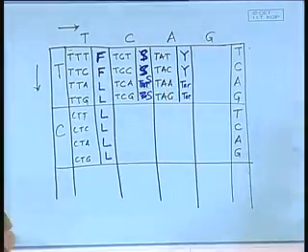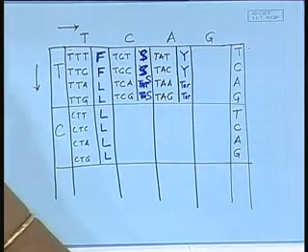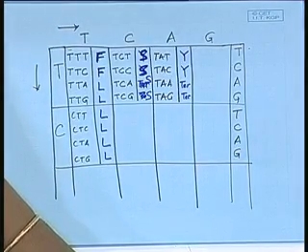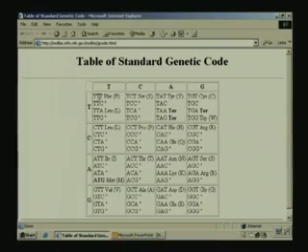Okay. So, if we go back to what we have here, I've just got this from the internet. You have this coding for phenylalanine, this for leucine, and so on and so forth.